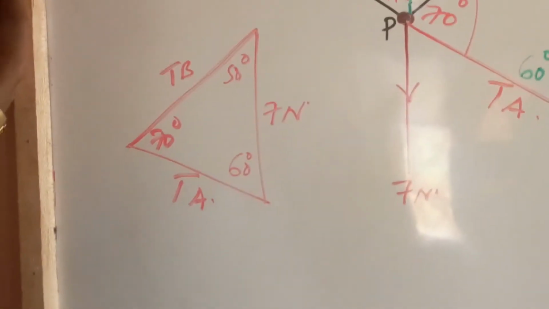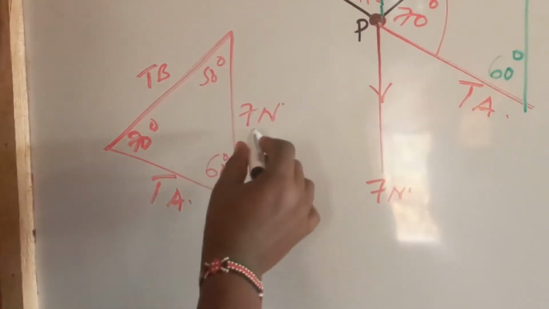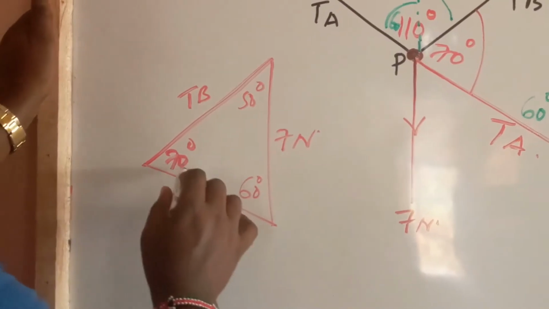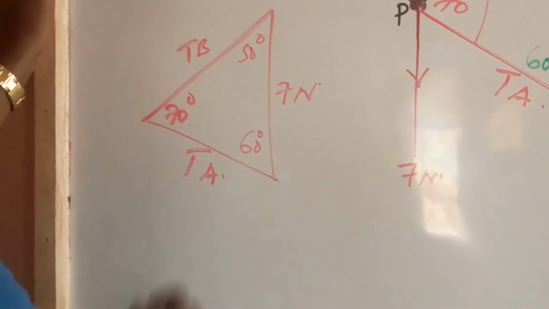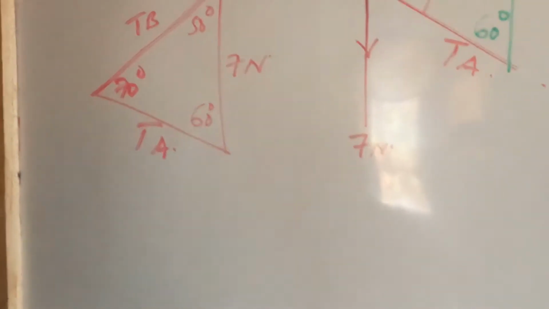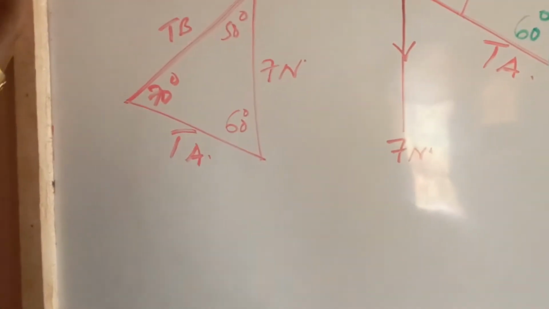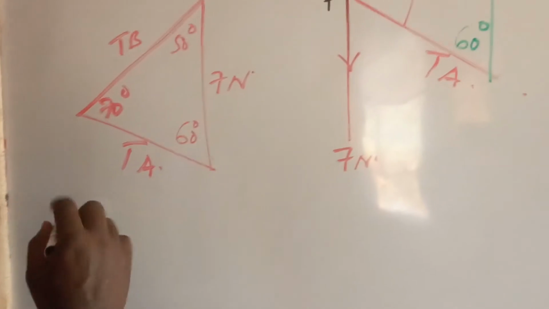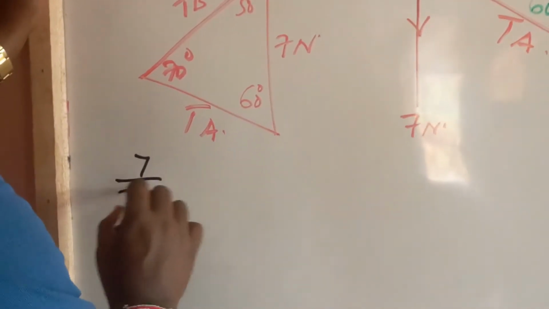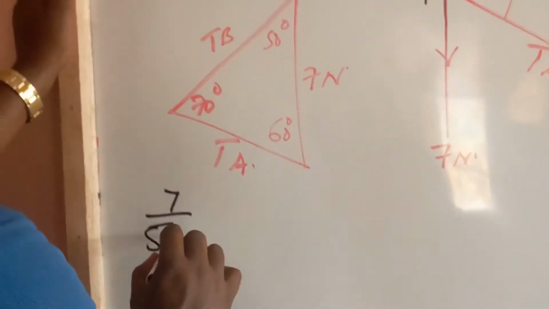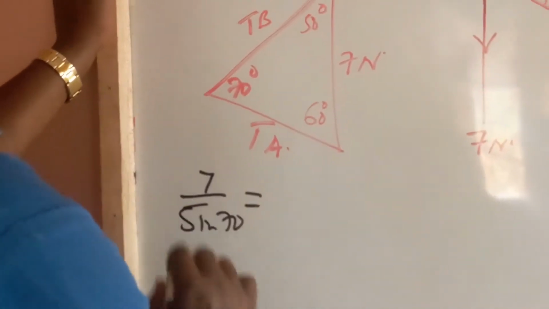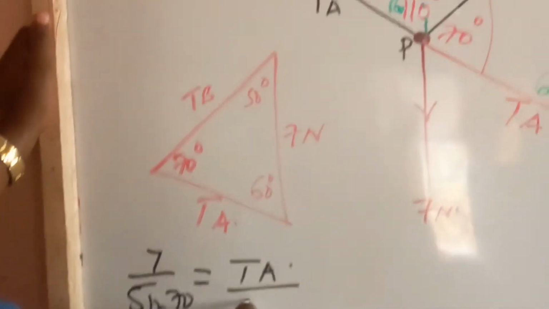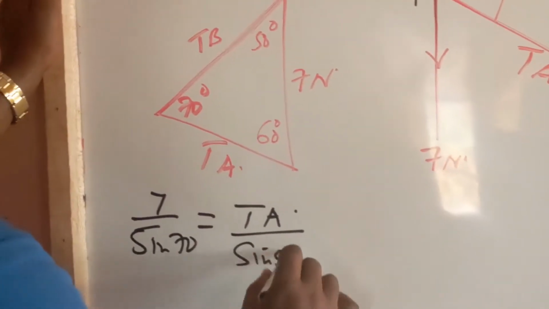But as you can see, we can use SOHCAHTOA, because we have this 70 and the opposite side. We have the tension of A opposite to 50 degrees, and the tension of B opposite to 60 degrees. We can easily say that 7 over sine of 70 is given by the tension of A divided by the sine of 50.